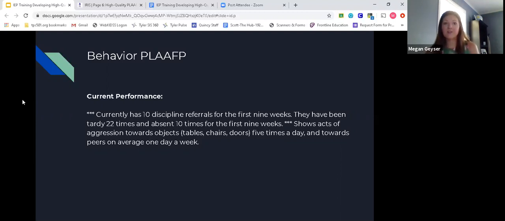They had acts of aggression towards objects 5 times a day on average and towards peers 1 time a day. I also think it's really important for our behavior when we're collecting the data to review it and see if there's a pattern. Maybe the aggression towards peers is, on average, on Mondays, coming back to school from the weekend, they have a hard time adjusting back.